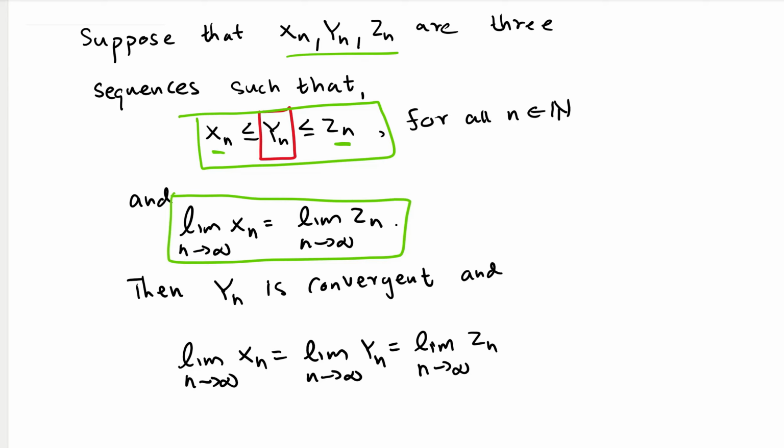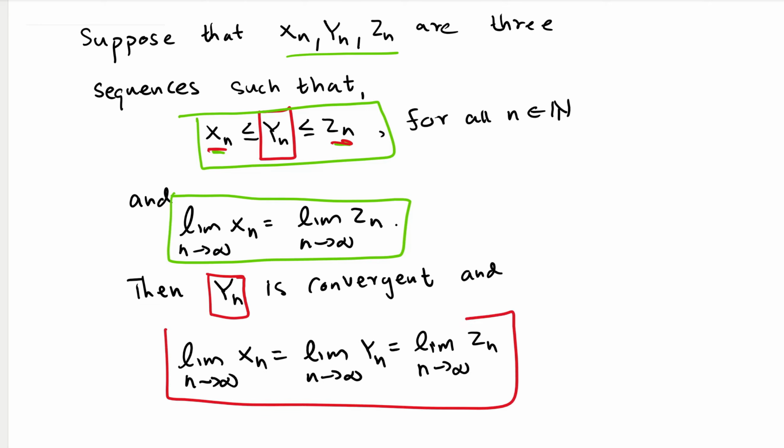If you are capable of coming up with two sequences like xn and zn where the limit is the same, then the limit of the middle sequence yn is also the same as the limit of the sequences on the boundaries, okay? So the limits of all these three sequences are the same, hence the sequence yn is also convergent. So that's the idea. This is the correct statement of the squeeze theorem, a very simple idea, okay?